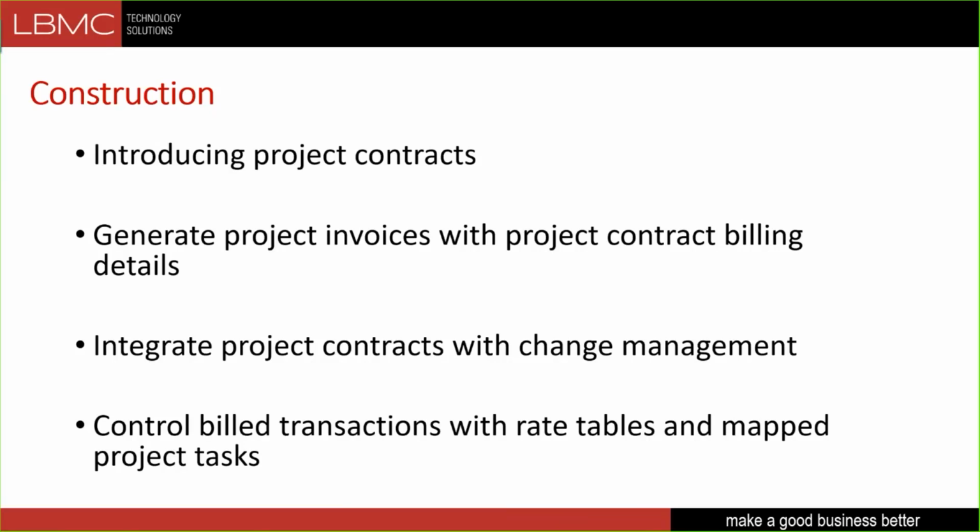When you associate a contract line with a change order, your project billing will now reflect the price change automatically. You can also map specific project tasks to project contract lines to ensure that billed transactions are attributed automatically to the correct project contract line, and use the assigned rate table for markups and bill rates.